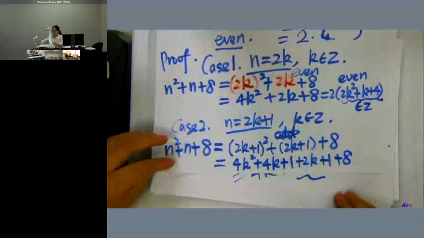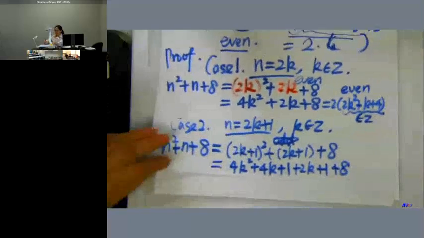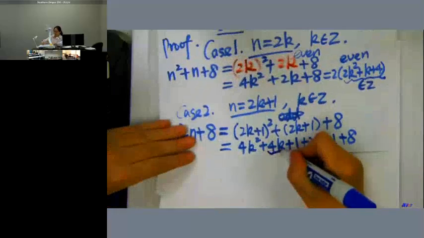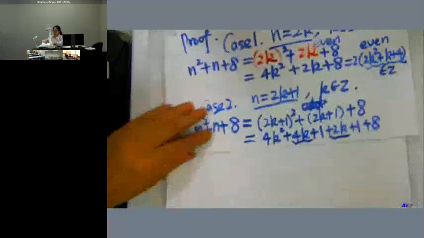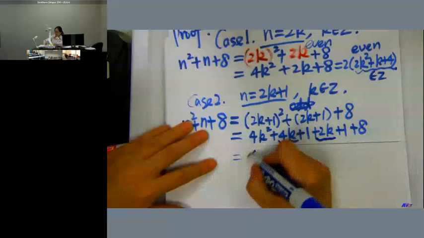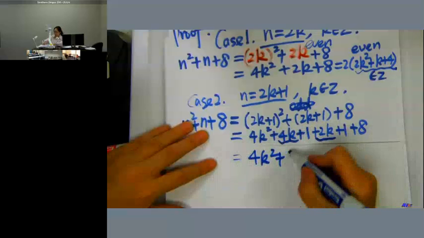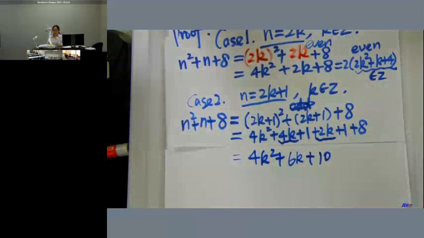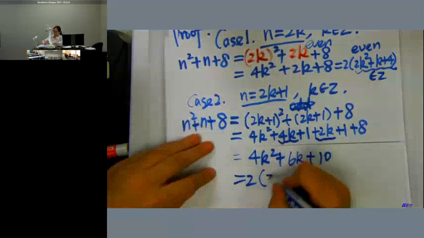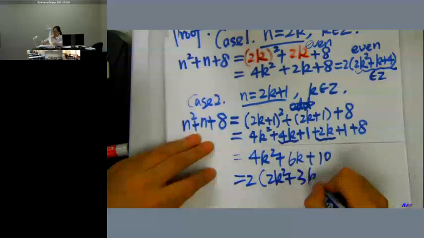Now we're going to combine like terms. There is 4k and the 2k, and there are some numbers we can combine to get 4k squared plus 6k plus 10. Now, can we factor out the 2? Yes, so we get 2 times (2k squared plus 3k plus 5).